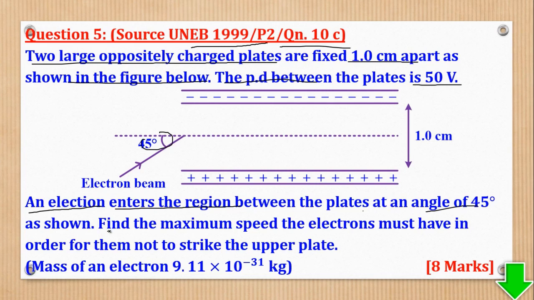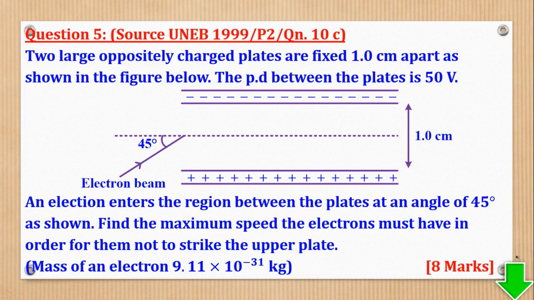As shown, find the maximum speed the electron must have in order to strike the upper plate, in order to hit this upper plate. The mass of the electron is 9.11 exponent negative 31 kilograms.